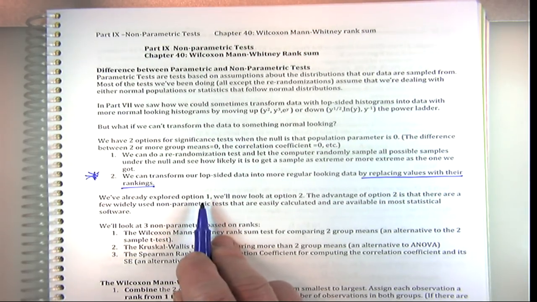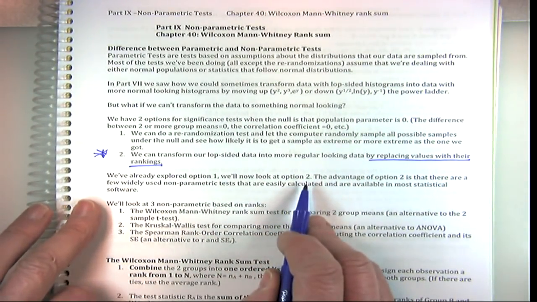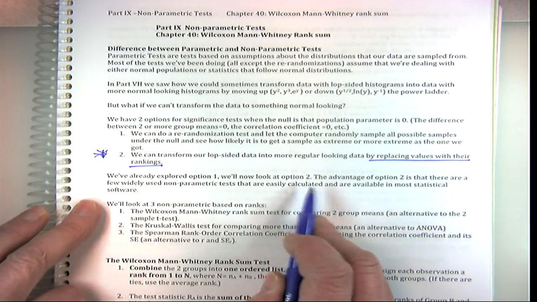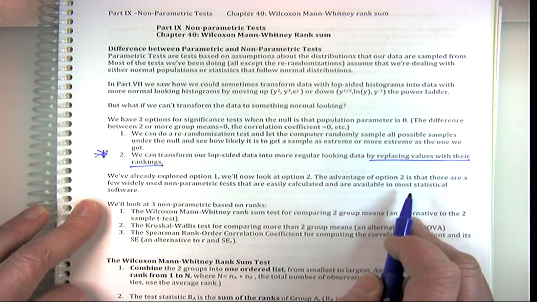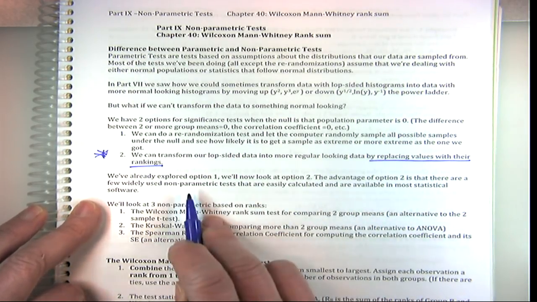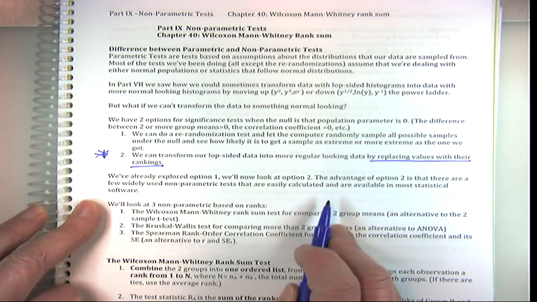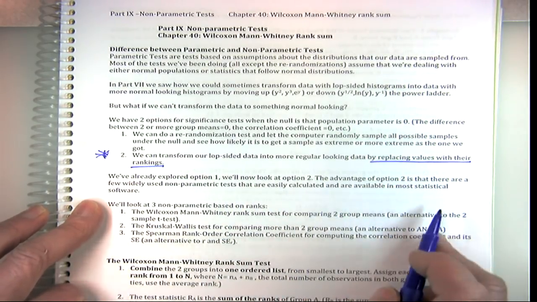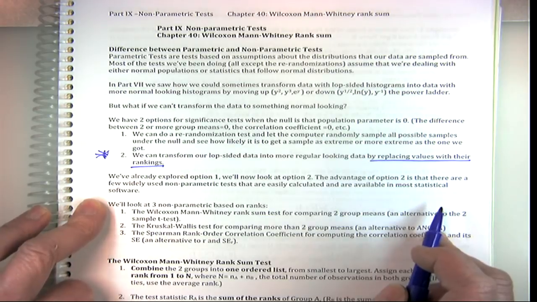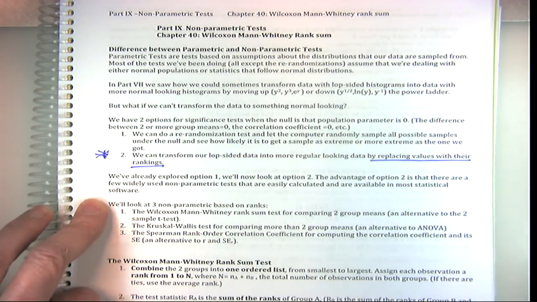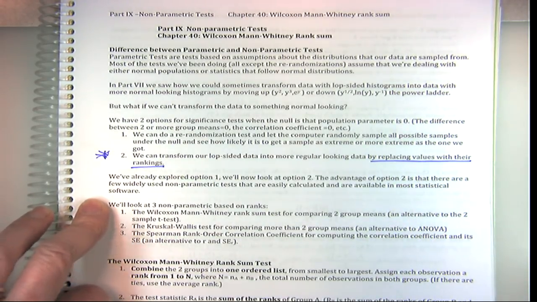So we've already explored option 1, and we're now going to look at option 2. The advantage of option 2 is that there are a few very widely used nonparametric tests that are very easily calculated, available in most statistical software, and super easy to understand. So I think you'll like this section.